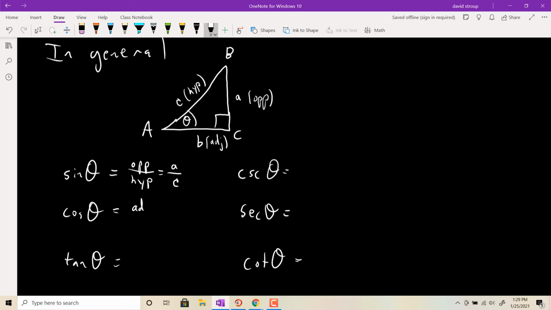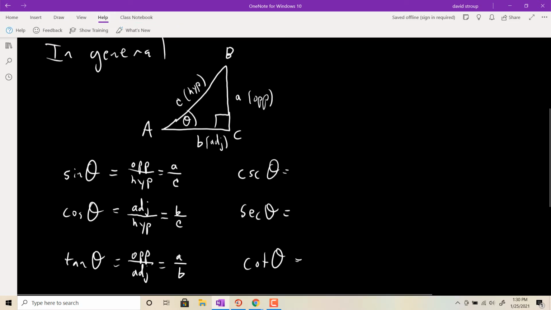Cosine will be adjacent, and we have to have these memorized. The adjacent over hypotenuse. You don't necessarily need to memorize a over c, and then in this case, b over c. That's silly. Just the opposite over hypotenuse, adjacent over hypotenuse. And then tangent will be opposite over adjacent, which in this case will be a over b.